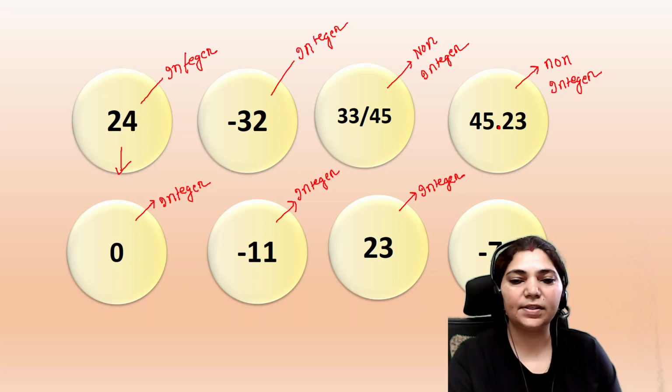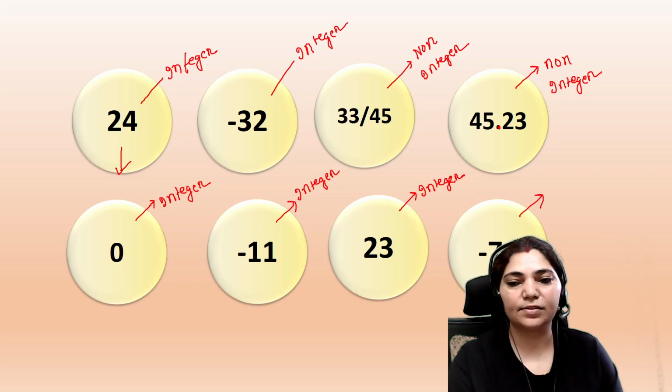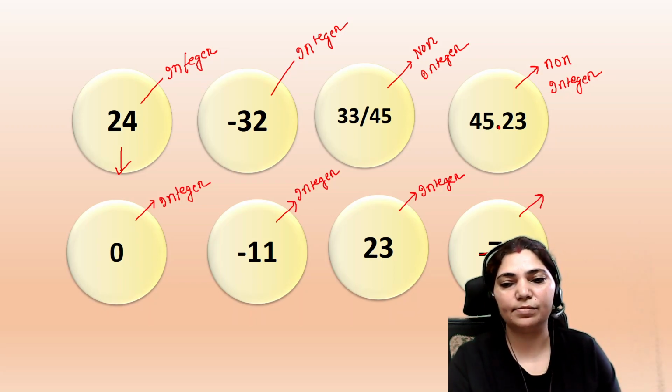Why? Because it is a positive number, and it doesn't have a decimal point or fraction in it, so we will call it an integer. Next comes -76, which has a minus sign. That means this is a negative number, but this number does not have a decimal or a fraction in it, so we will consider it an integer.